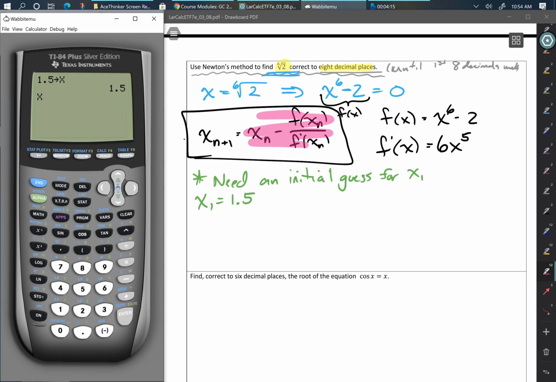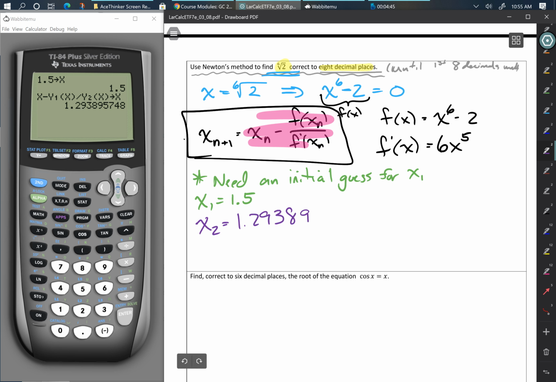So that's x minus y1 of x divided by y2 of x, and then store that back into x. And so then x sub 2 is 1.293895748.